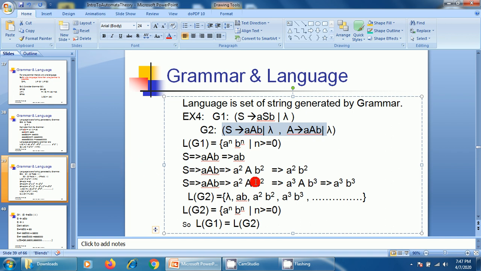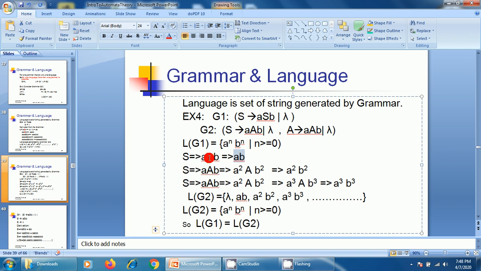See, what is the language of this grammar? S takes the first production which has the start symbol: S tends to ASB. In place of capital A we can write lambda. Why can we write lambda? Because A tends to lambda is given in this grammar, means we can write lambda in place of A. So put lambda in place of A, then we get AB, means AB is a sentence of grammar G2.